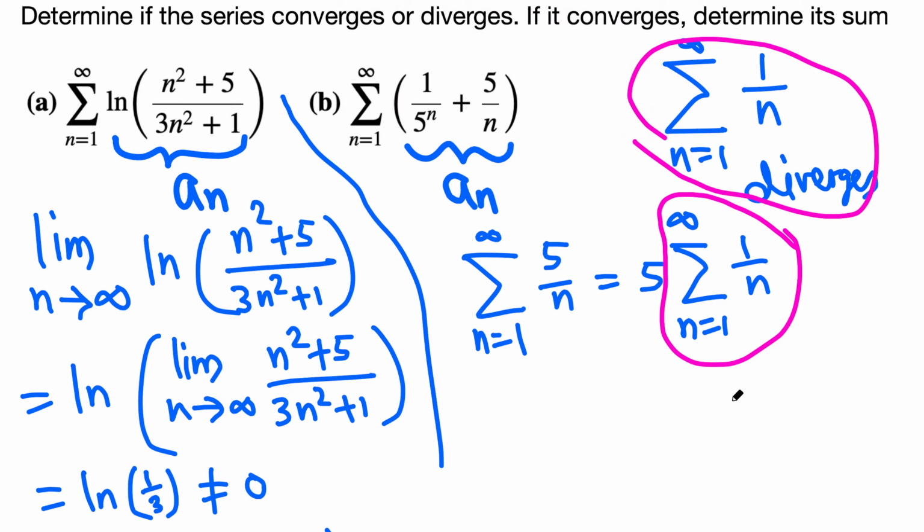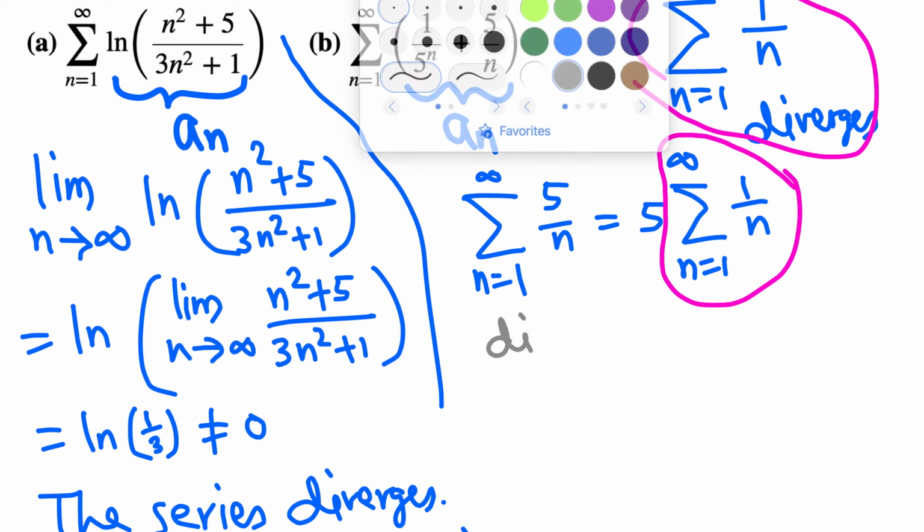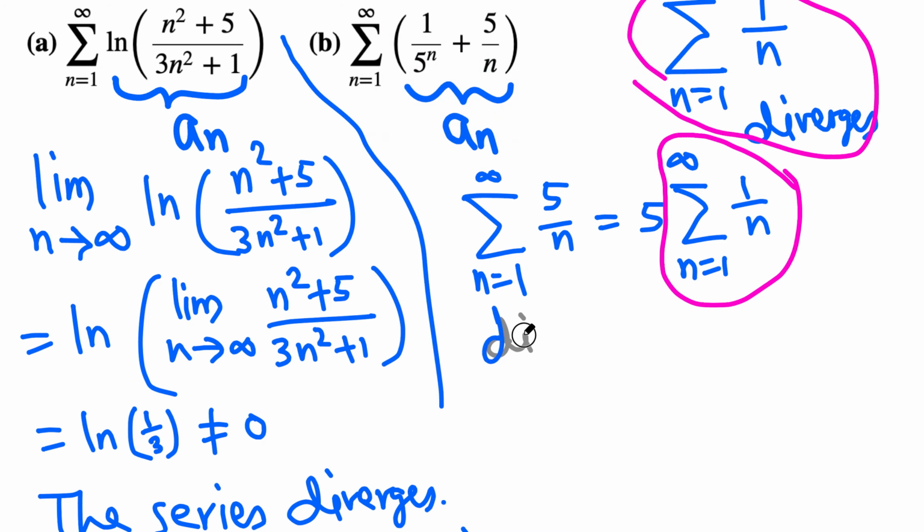Okay, so this diverges. For this series to converge, both series in a sum of two things should converge, but one of them diverges. So this one, the sum of 5 over n, diverges. Okay, my bad.